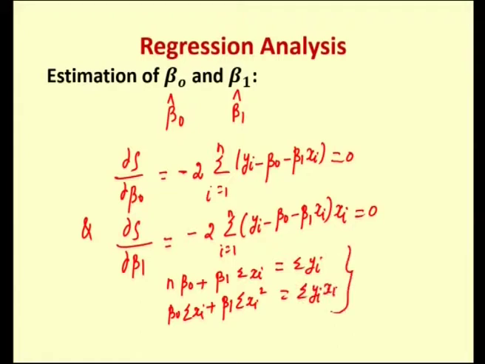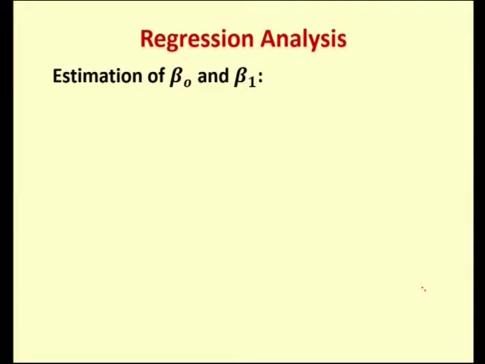These two equations are known as least squares normal equations. By solving these two equations, we can obtain the values of beta naught and beta 1.